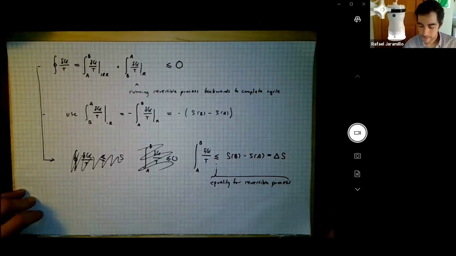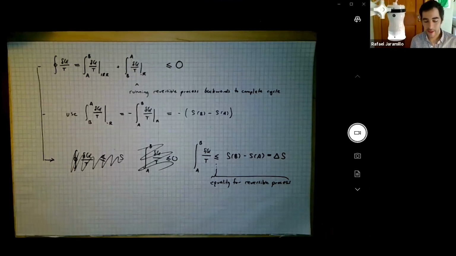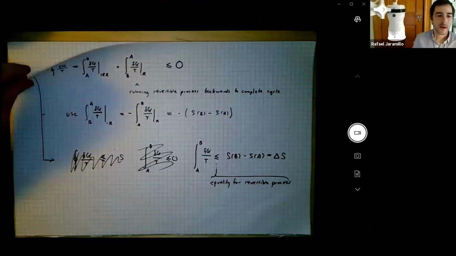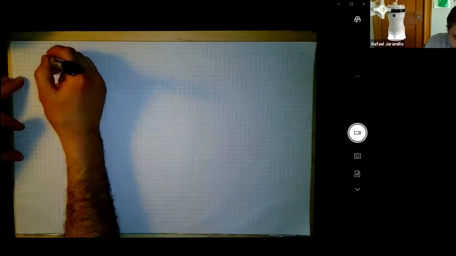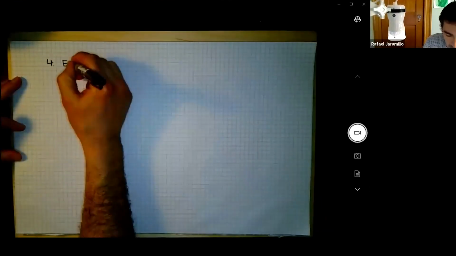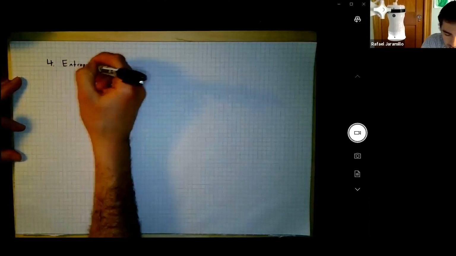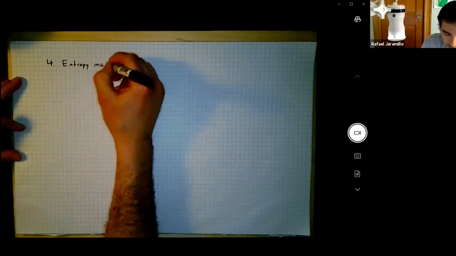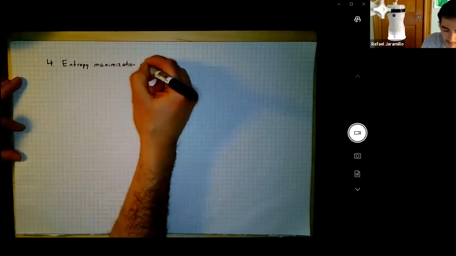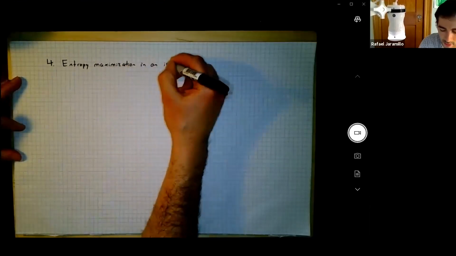All right. We're still just kind of playing with math, right? It doesn't feel like we're there yet. I'm just showing you some things. We'll get there. All right. So here's where we're getting: entropy maximization in an isolated system.